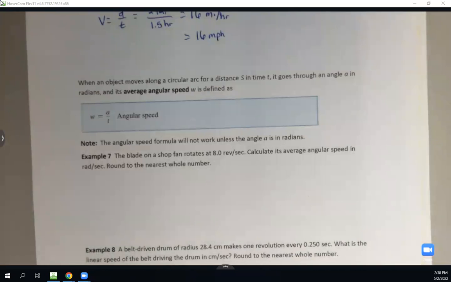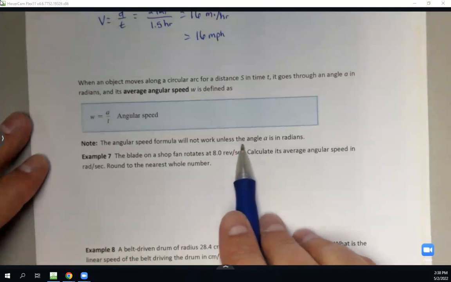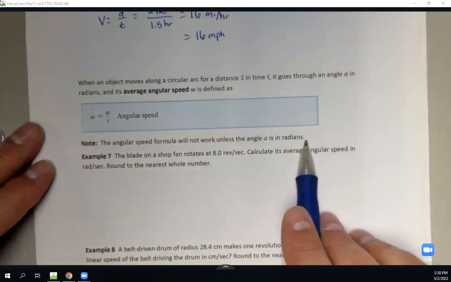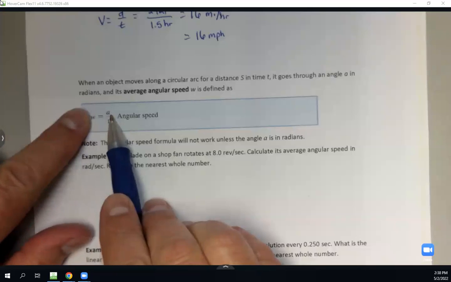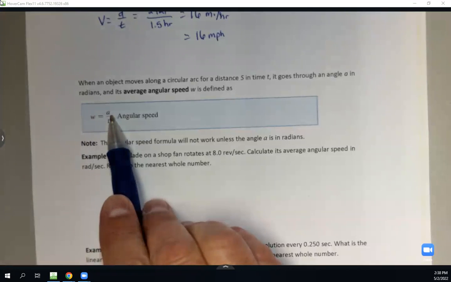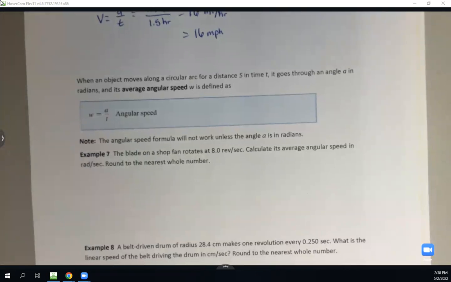But we don't have to. Note, the angular speed formula will not work unless the angle A is in radians. That's not completely true. We could say how many degrees are happening in a unit of time, but usually we don't. Usually it's going to be radians that we're dealing with.